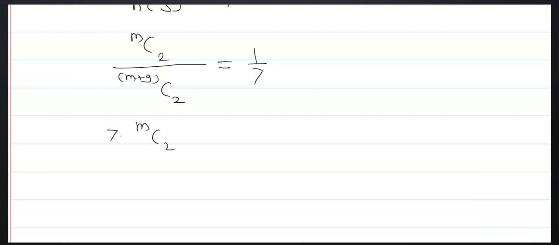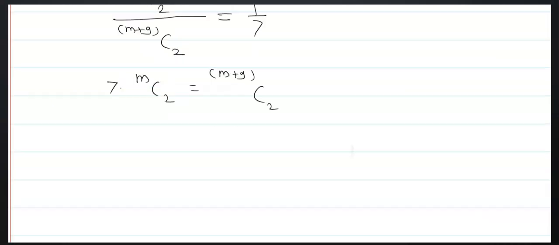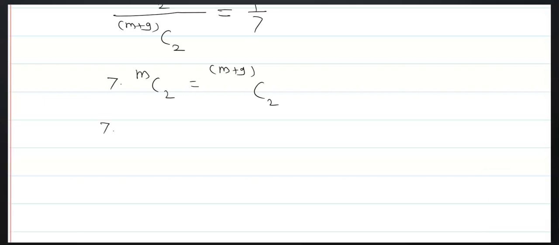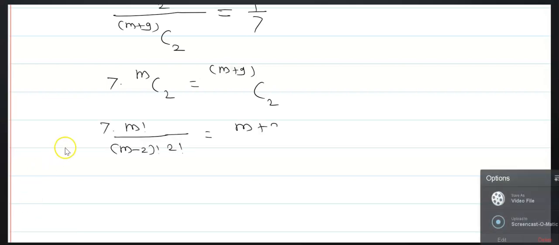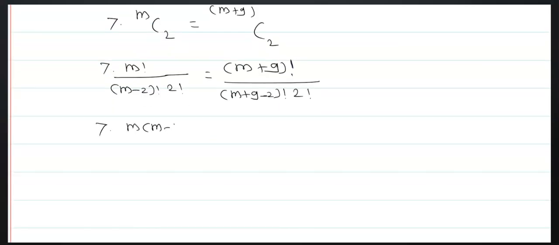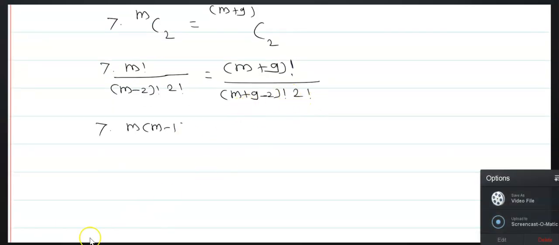Now we'll calculate: 7 times mC2 is equal to m plus 9 C 2. Now the calculation: 7 into m factorial upon m minus 2 factorial into 2 factorial is equal to m plus 9 factorial upon m plus 9 minus 2 factorial into 2 factorial.